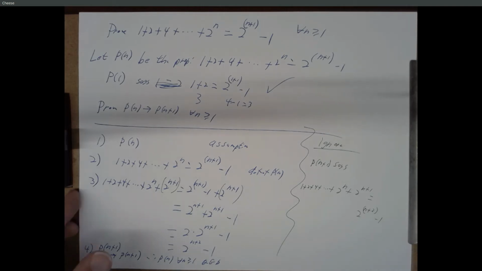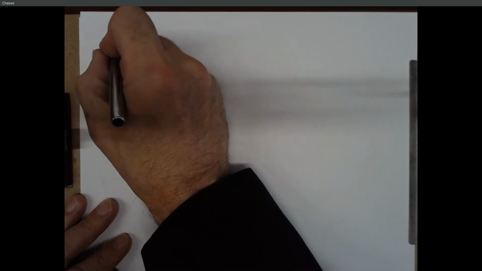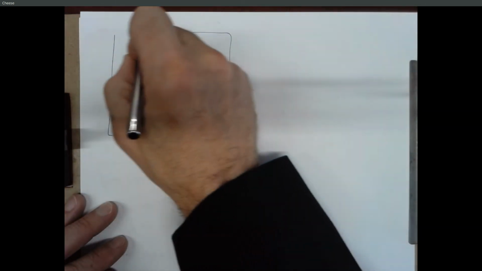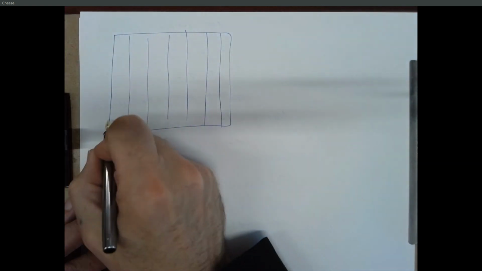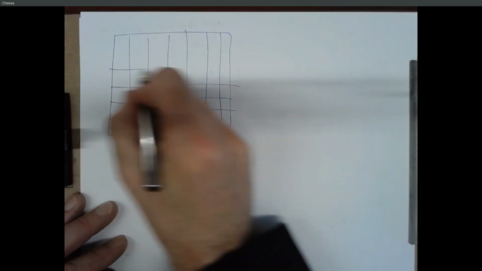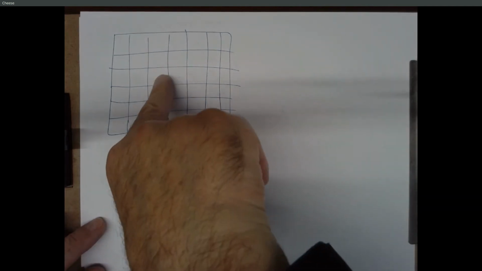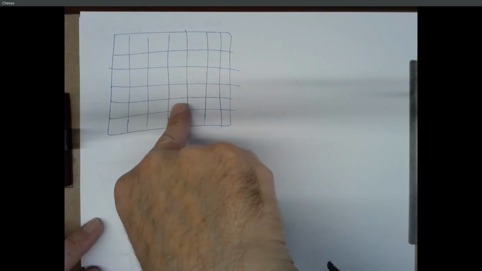So let's talk about a game. Imagine a floor which is covered with identical tiles. They're all the same size. And you have little plastic pieces in different shapes, and you want to put these pieces down on top of different tiles.